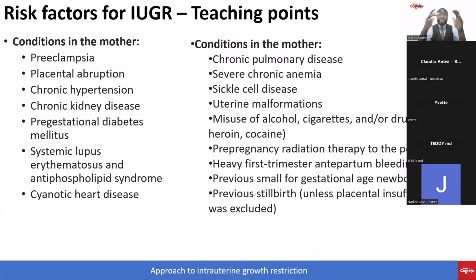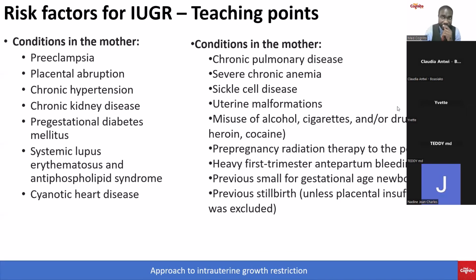So of all these risk factors we are talking about, which of them is a modifiable risk factor? Pre-gestational diabetes, systemic lupus erythematosus, antiphospholipid syndrome, cyanotic heart disease, chronic pulmonary disease, severe chronic anemia. I'm very happy people are really paying attention.